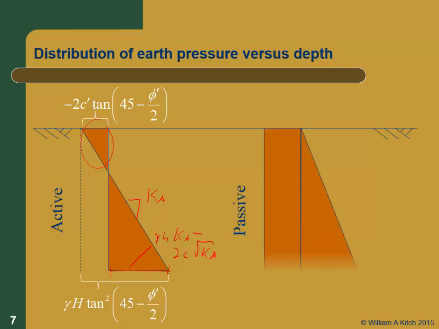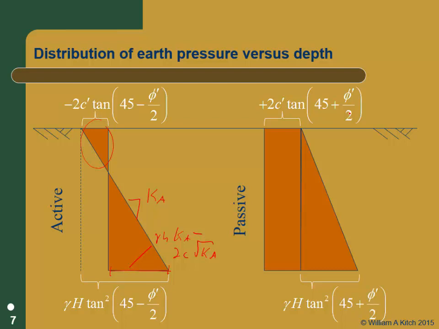And on the passive side, I'm going to start out at the ground surface with a positive 2c times tan 45 plus phi over 2. And I'm going to add the same, this is still going to increase at the rate of Ka. And I'm going to add another gamma H tan squared 45 plus phi over 2.